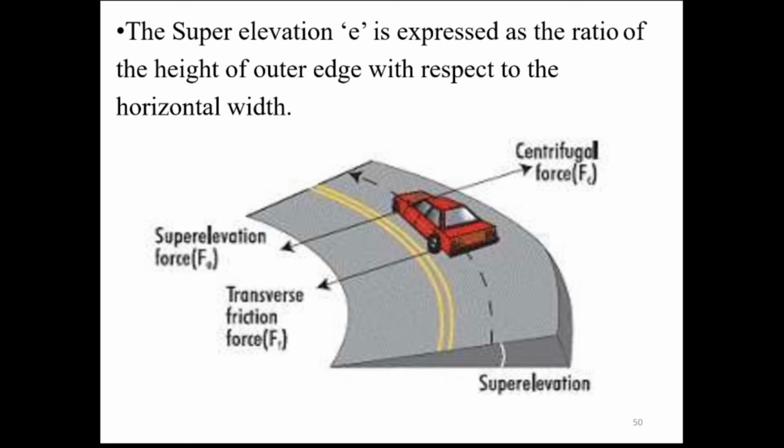Now from the figure we can see that with respect to the inner edge, the outer edge of the road has been raised. So this is the super elevation E, which is expressed as the ratio of the height of the outer edge with respect to the horizontal width.